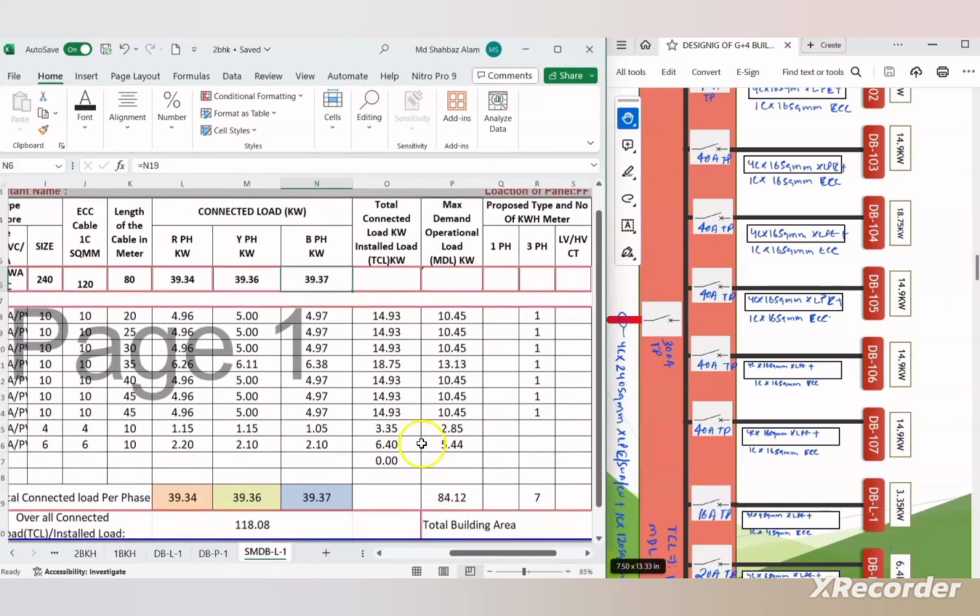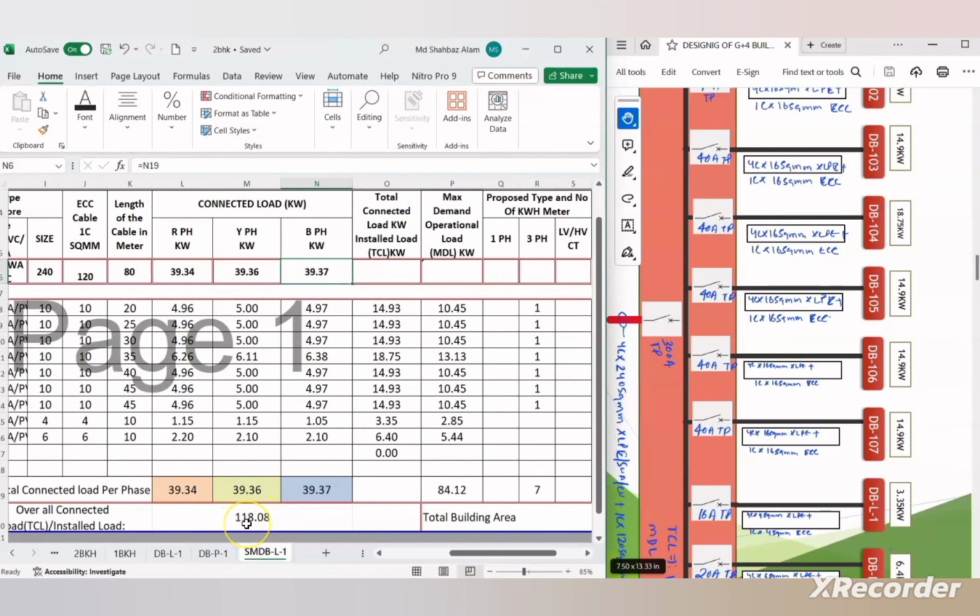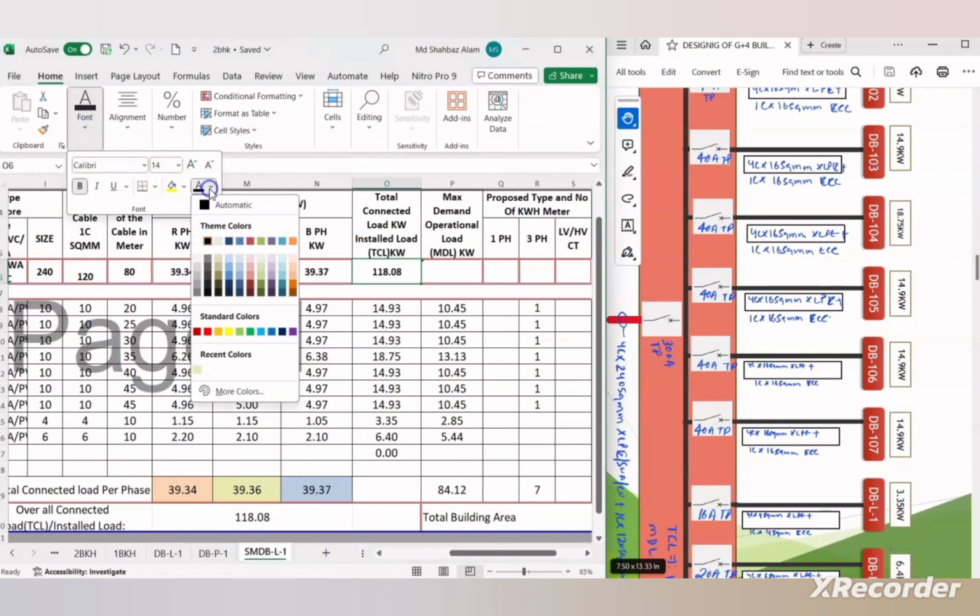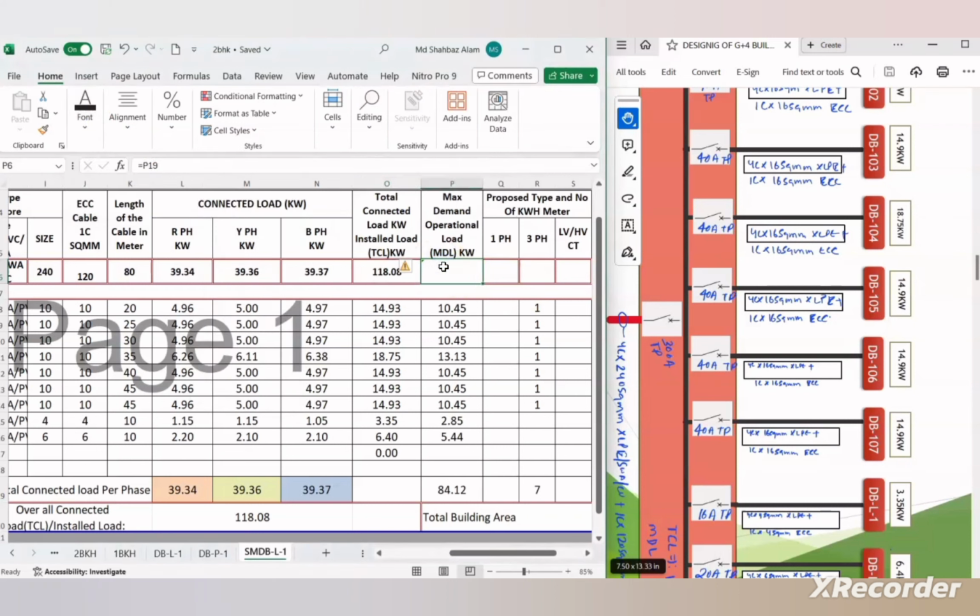The total connected load on the MDB is how much? 118.08 kilowatt. So we will write here the same thing, 118.08 kilowatt. What is the demand load? Maximum demand load for the MDB is 84.12. So we will write here the same, 84.12.